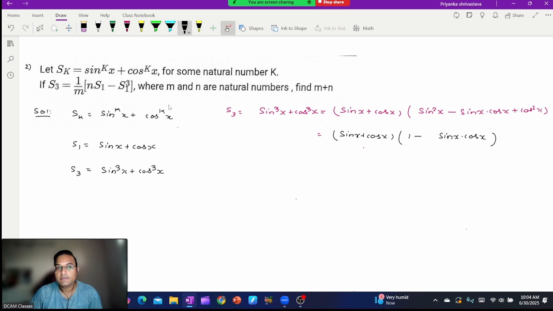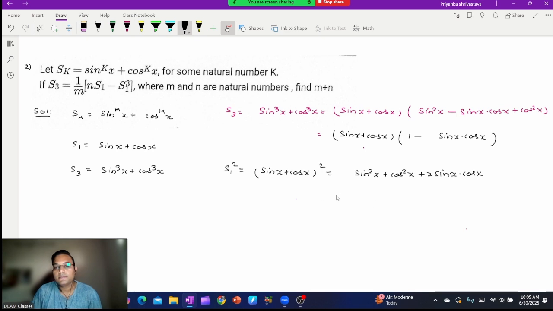Now see, this sin x plus cos x is actually S1. And we need to put the value of sin x cos x in terms of S1 or S1 square. Because we know, if we do S1 square, which is (sin x plus cos x) whole square, it will become sin square x plus cos square x plus 2 sin x cos x.